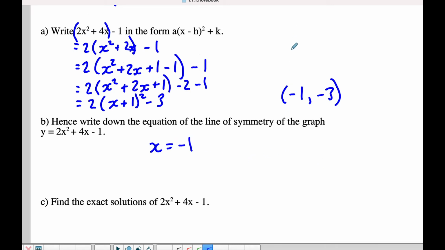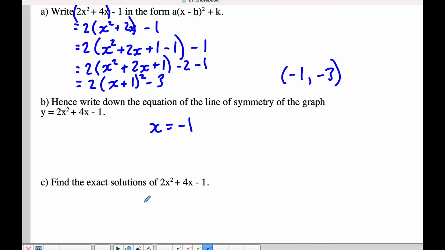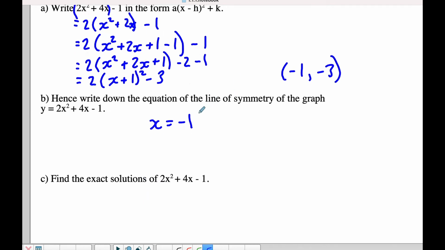And that will be a vertical line that passes through the vertex. And you can graph this on Desmos. So if you go onto the Desmos site and put in y equals 2x squared plus 4x minus 1, you will get a parabola with a minimum at negative 1, negative 3. And that can then be used to generate the equation.